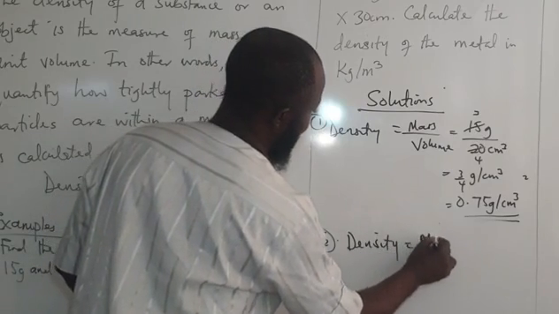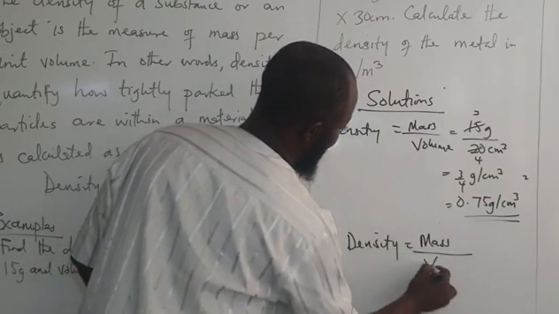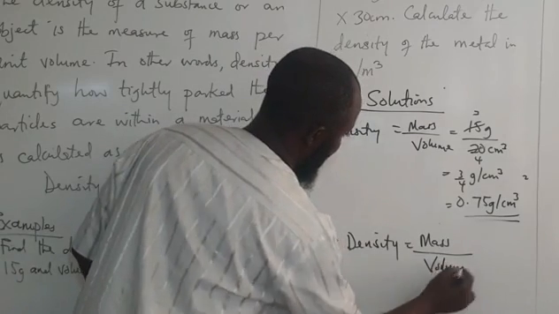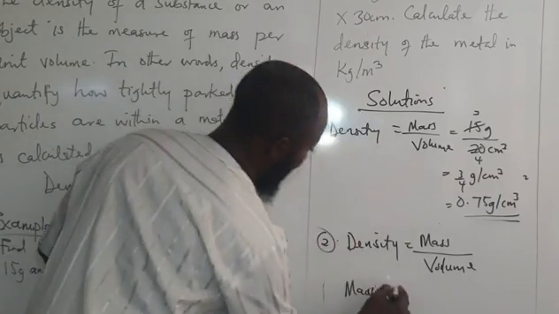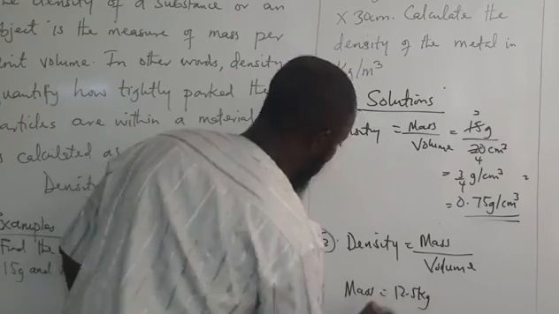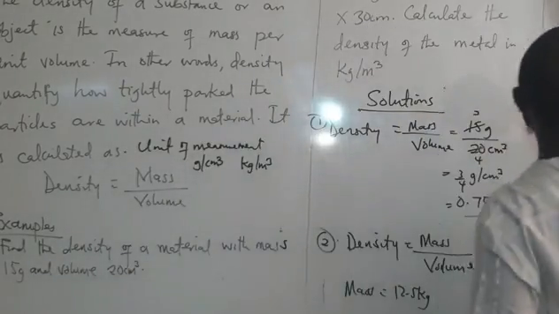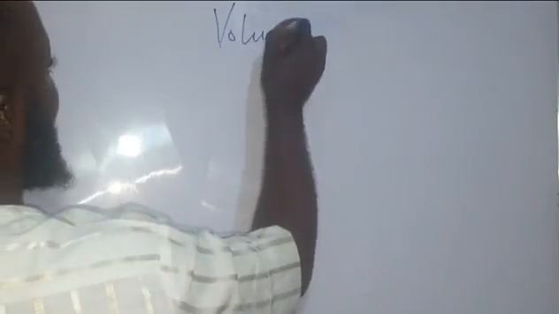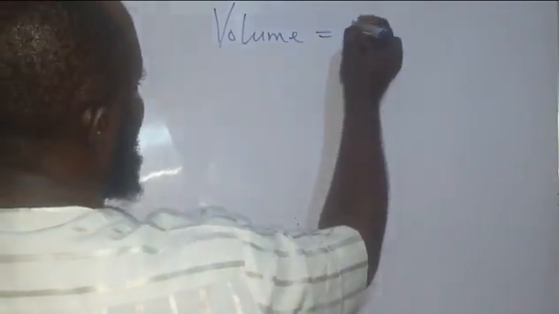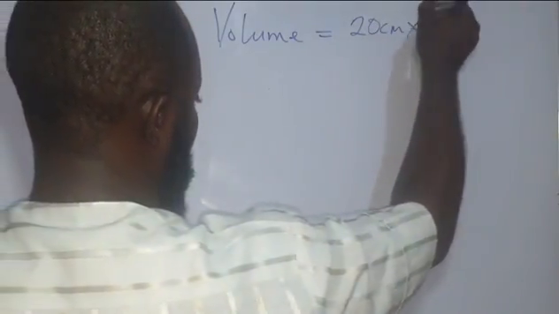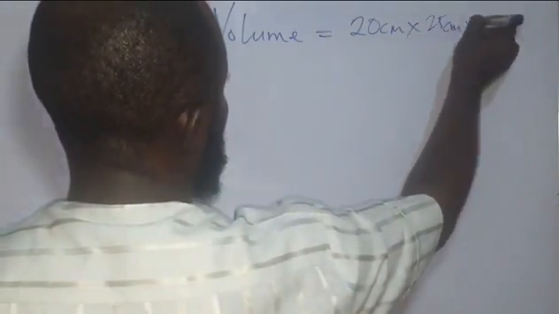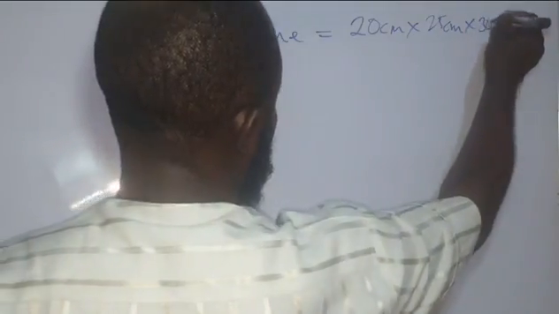So density here is mass divided by volume. The mass given is 12.5 kilogram, while the volume we calculate. The volume will be 20 centimeters multiplied by 25 centimeters multiplied by 30 centimeters.